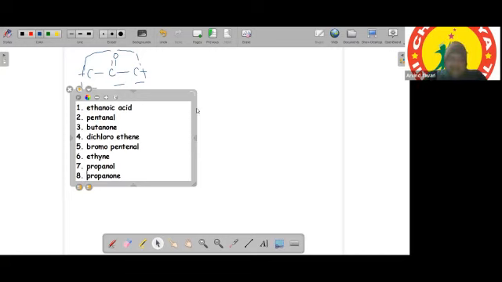Ethanoic acid, pentanol, butanol, dichloroethene, bromopentanol, ethyne, propanol, propanone. And another one you have to draw: cyclohexene, then benzene.